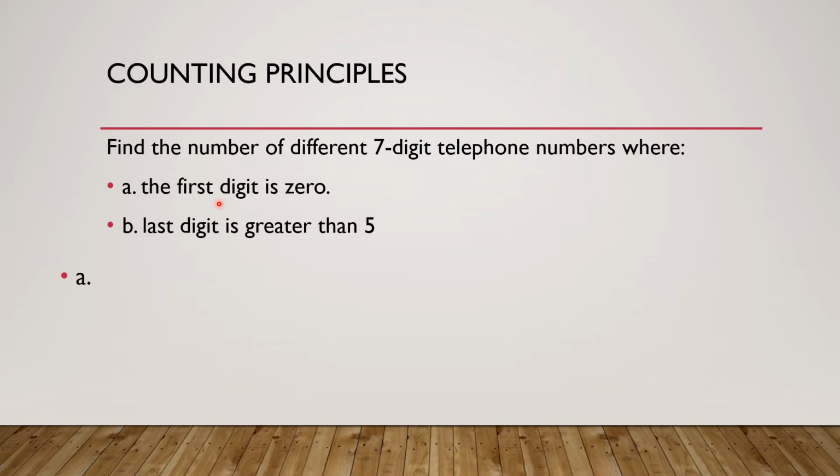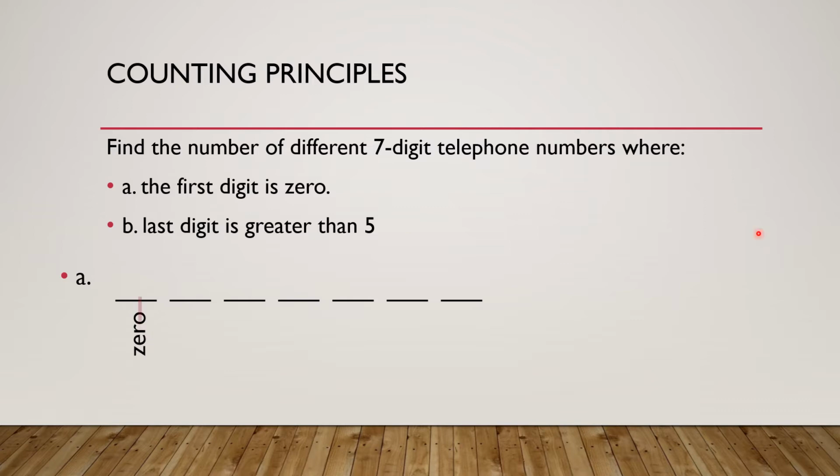What if the first digit is 0 in the 7-digit telephone number? Take note, class, there are 10 numbers, from 0 to 9. The first digit here is 0. How many zeros do we have from 0 to 9?